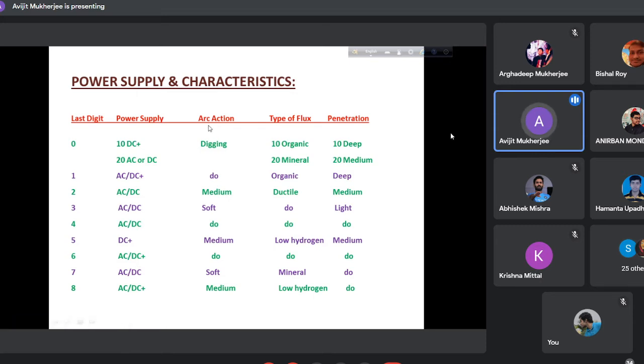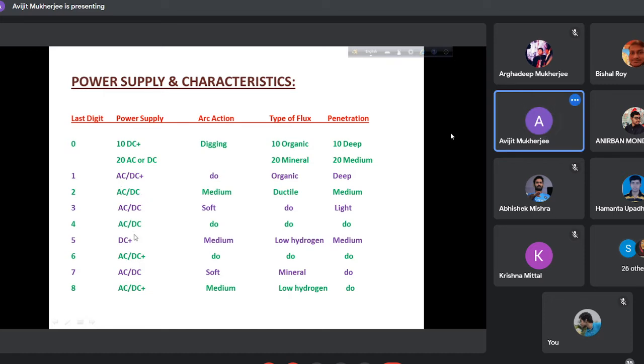And what is the arc action? That is the intensity of heat. That is a medium heat. So medium. What type of flux? Low hydrogen flux. What is the nature of penetration? Medium penetration.